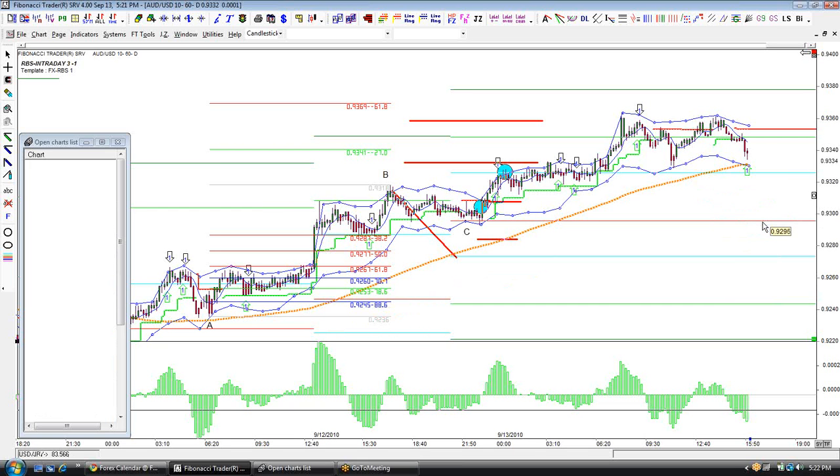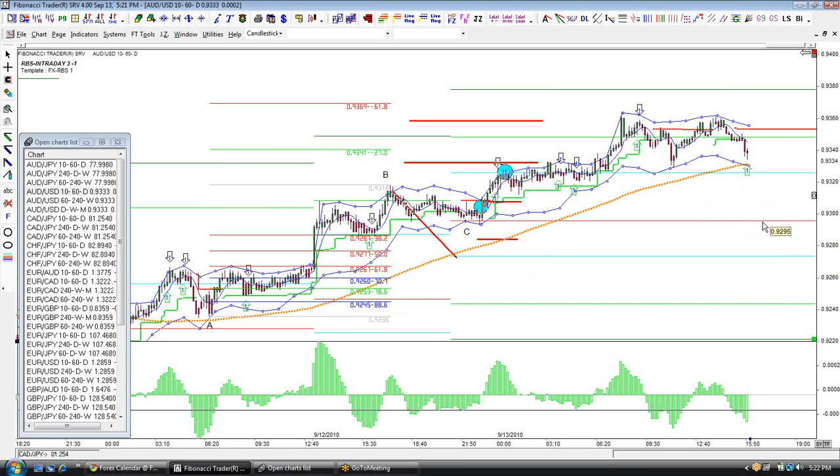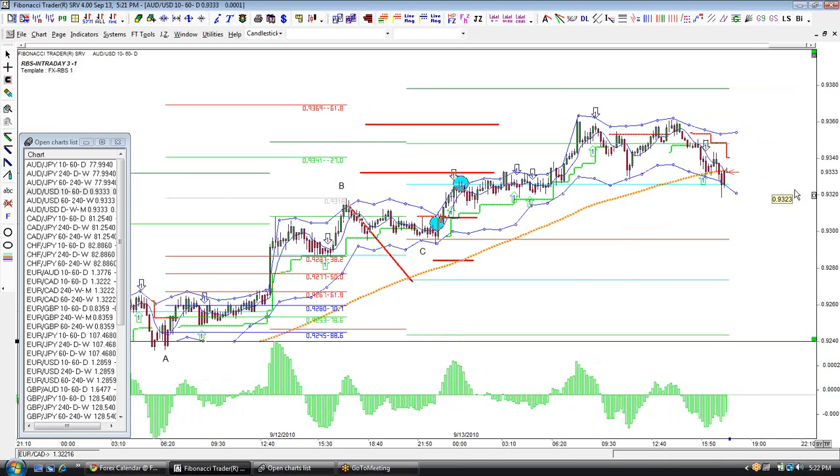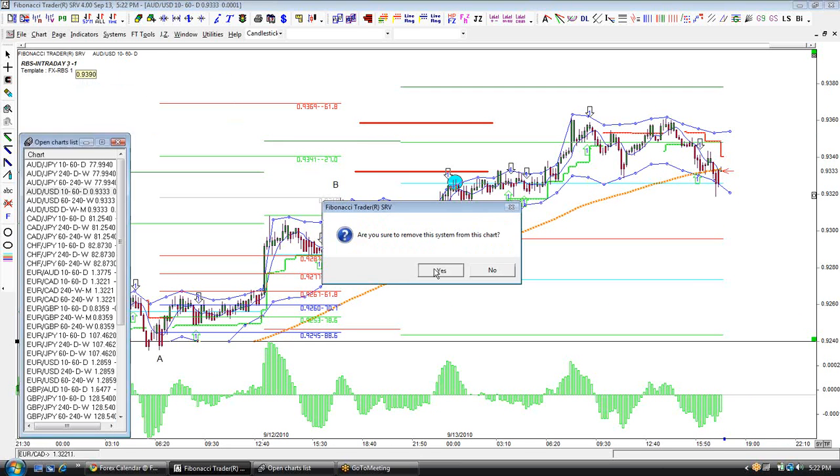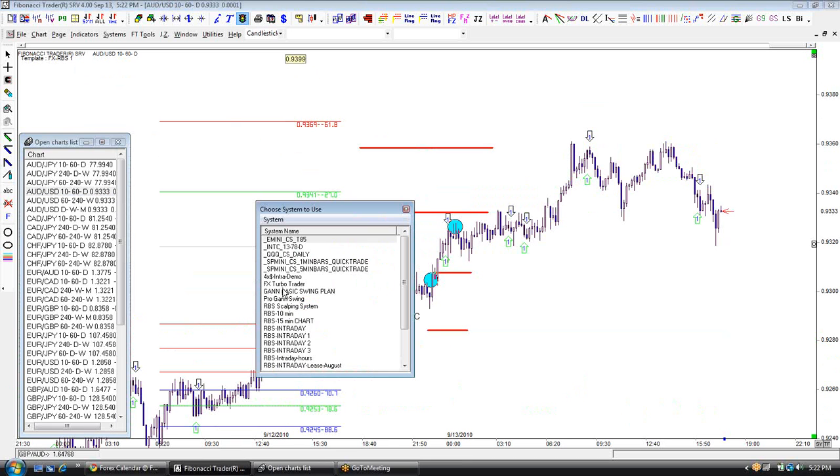For intraday trading, it is a little harder to find levels of support and resistance. And here comes the last part of the trading system, and probably it is the most important part. It's our outer range.